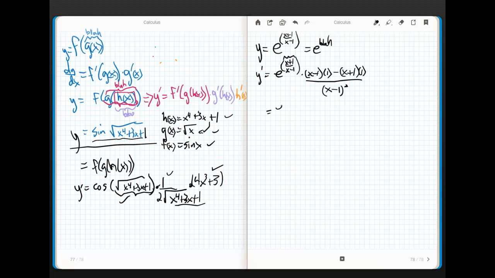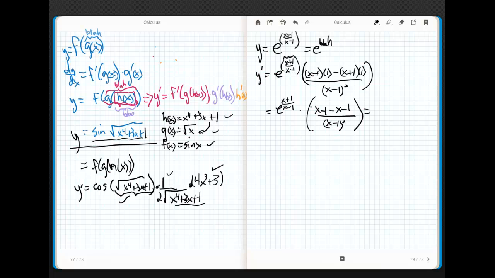Now, this one's worth cleaning up just a little bit. This is going to be e to the x. Oh, by the way, I should probably put this in parentheses so that I'm algebraically accurate. So e to the (x plus 1) over (x minus 1) times... Now, what's this thing simplified to? (x minus 1 minus x minus 1) over (x minus 1) squared. Now, remember, I said do algebra as long as it's easy.